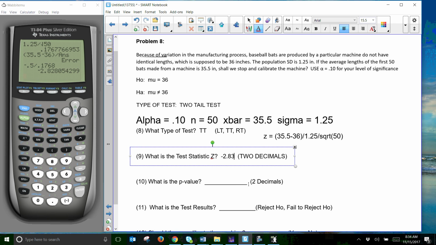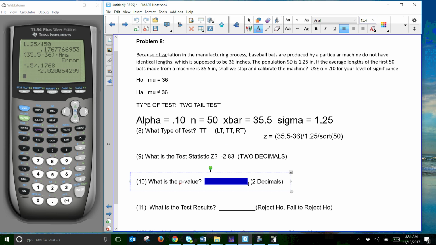So what's my p-value? Well, it's a two-tailed test, so it's going to be twice the area, the probability of being less than negative 2.83.